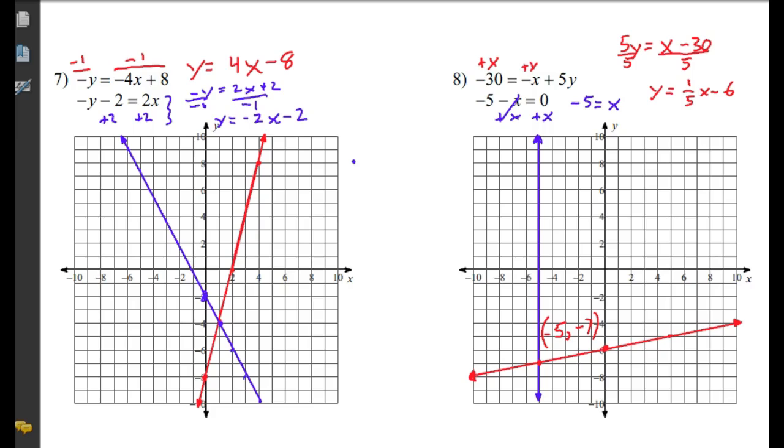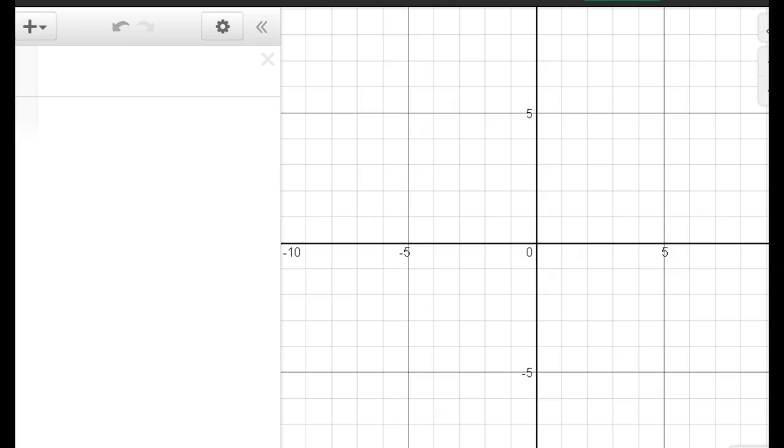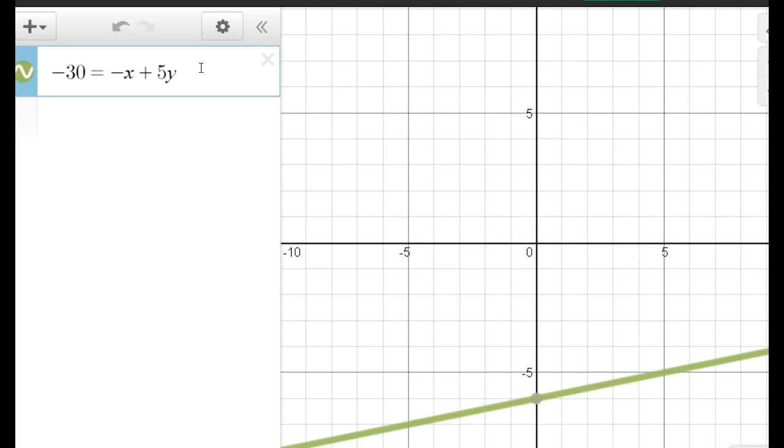Okay? If you get stuck, what can you do? Go back to your reliable, trusted friend here, Desmos. You can just type in the question, like on number 8: -30 equals -x plus 5y, and it will give you the graph. You still have to convert it, but at least you can know if you're doing them correctly.